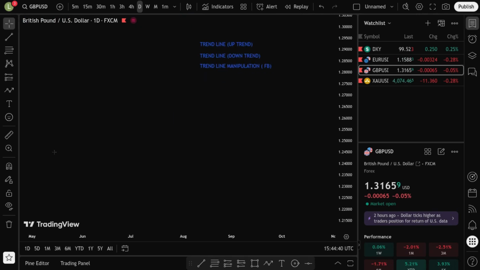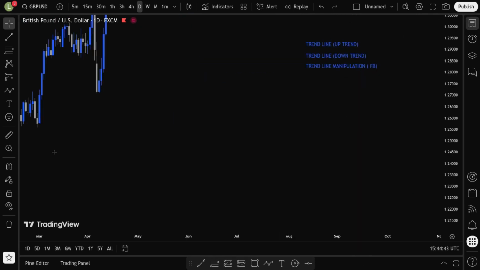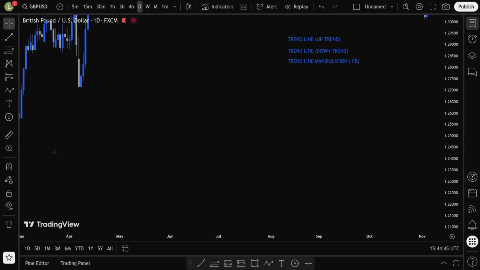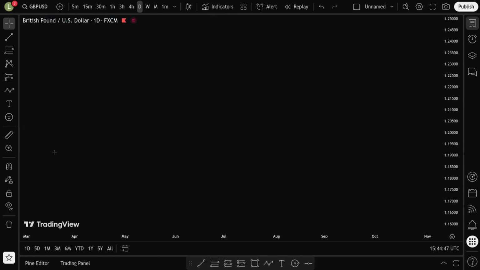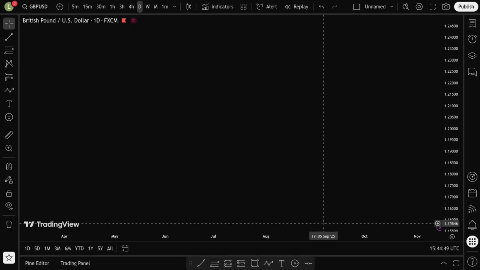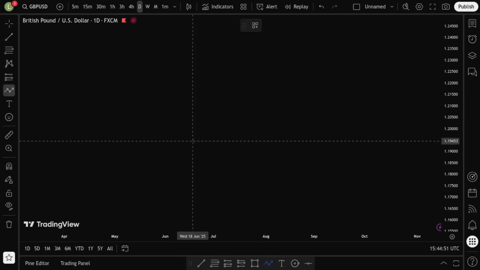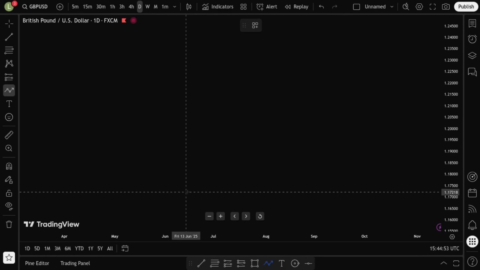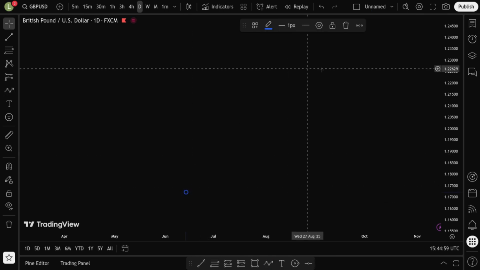So first, you want to know how to make money from an uptrend. You know how an uptrend is, but let's do a little recap. An uptrend is when price makes a high and a low, then a higher high and a higher low, something like this.